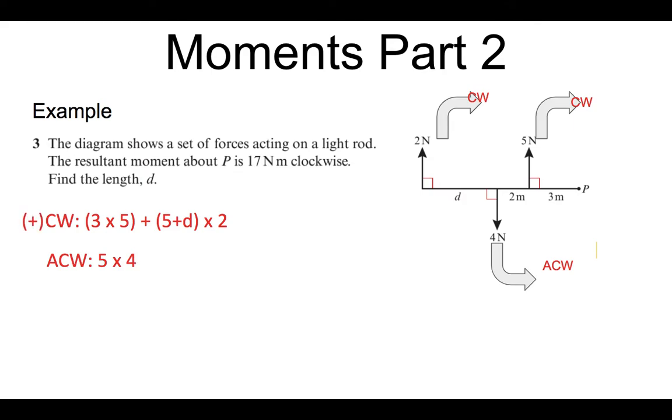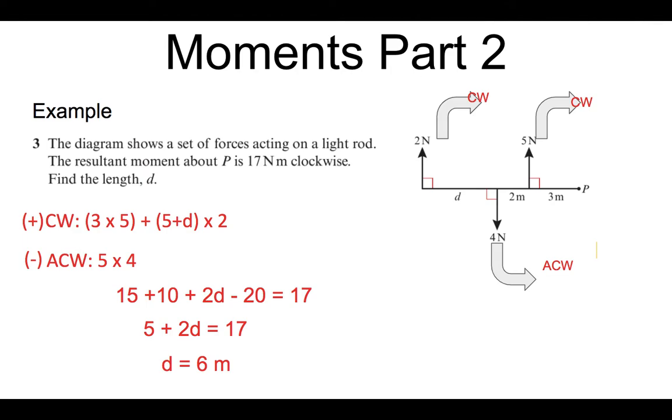Considering clockwise is positive, anti-clockwise is negative, you've got 15 plus 10 plus 2D minus the 20 is equal to 17. Simplifying that gives me 5 plus 2D equals 17, and then subtract 5, divide by 2, and it tells us that D has to be 6, so D is 6 meters.